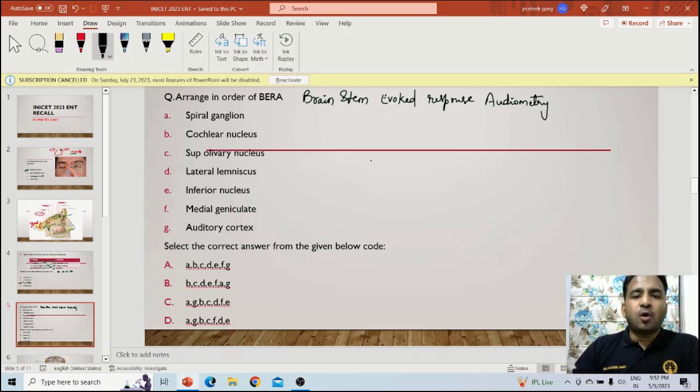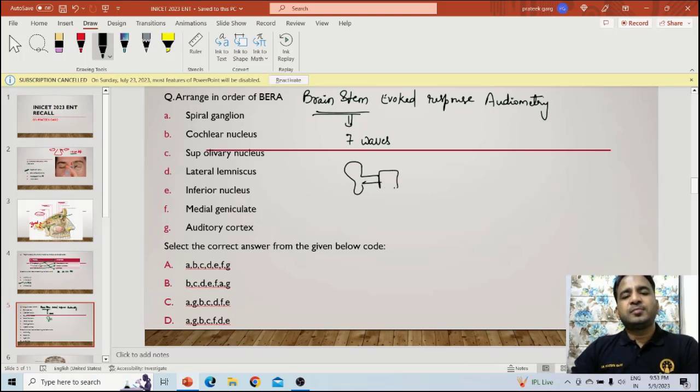We all know BERA consists of 7 waves. There are 7 waves in the BERA, out of which the 5th wave is the most important wave. So how are these BERA waves happening? Let's talk about this. Suppose this is my ear, external ear. Then comes the middle ear. Then comes the inner ear.